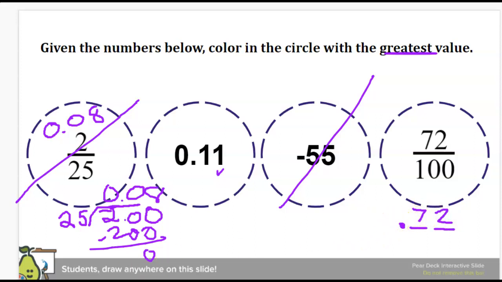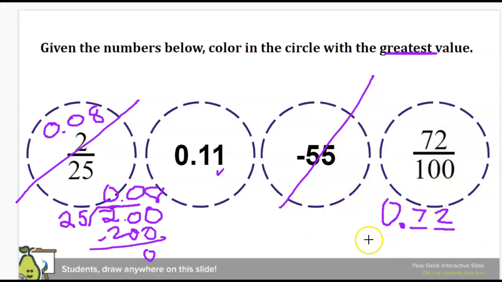Another thing with 72 out of 100 that I want to mention is that when we are writing things out of 100, if there is a whole number in the front, it will go right here. So for now, this is just 0 and 72 hundredths.